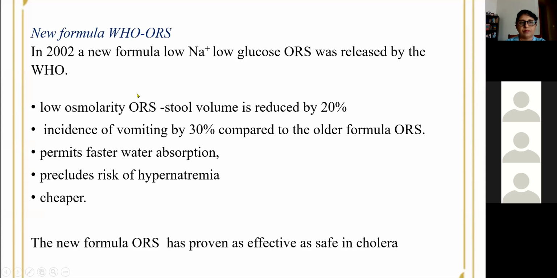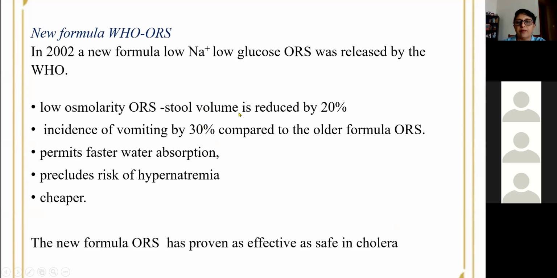Previously there was an ORS, but now WHO has found another low sodium, low glucose ORS. So what are the advantages of this low sodium and low glucose ORS?